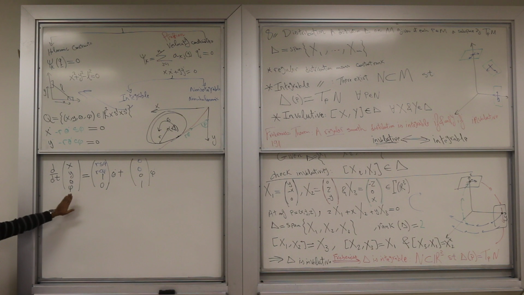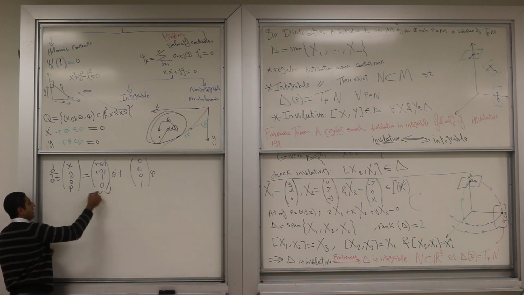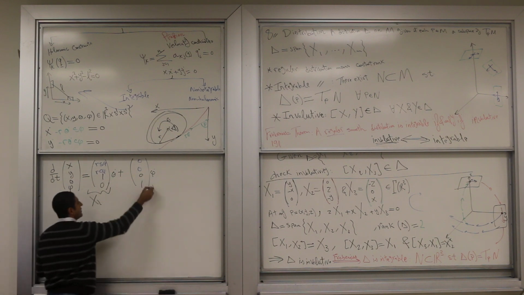Any question about this equation? How do you write it? Any question? Okay, because the rest is very easy. What's the rest? These are the two allowed velocity vectors that I have, x1 and x2.